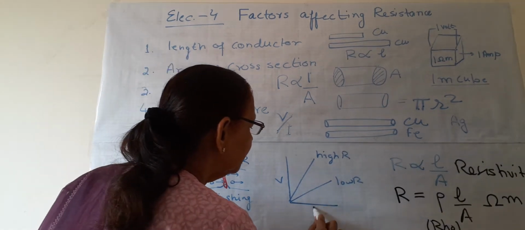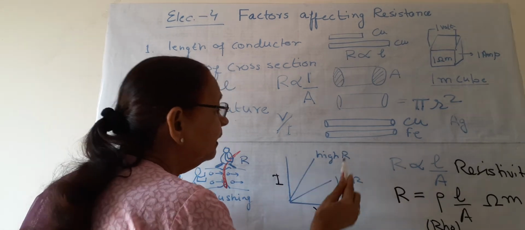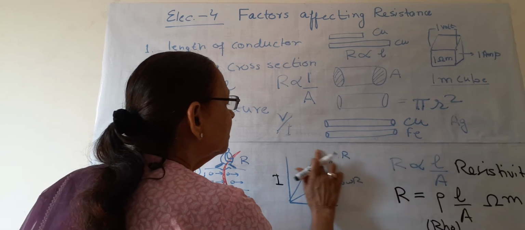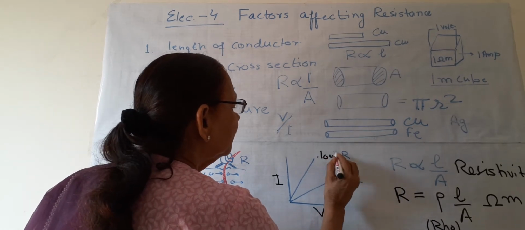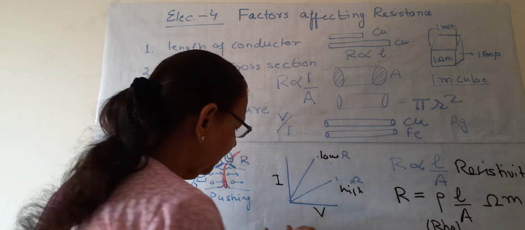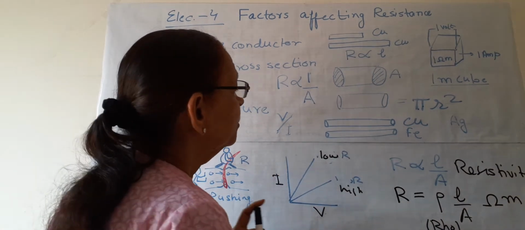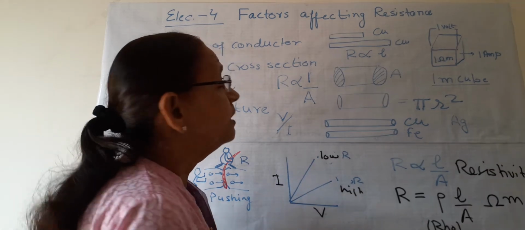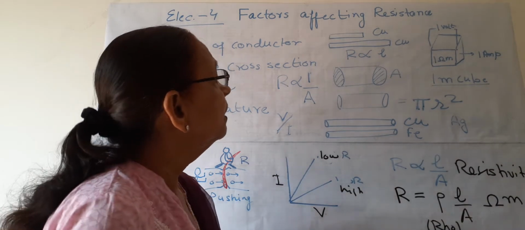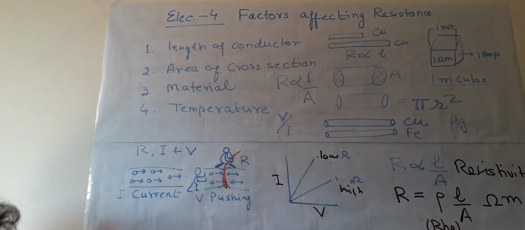Suppose the axes are changed, V on this and I on this, then this is also changed. This will have low and this will have high. You remember this thing? And this graph shows Ohm's law. So this is about resistivity and resistance. Now we do one or two numericals based on resistance.